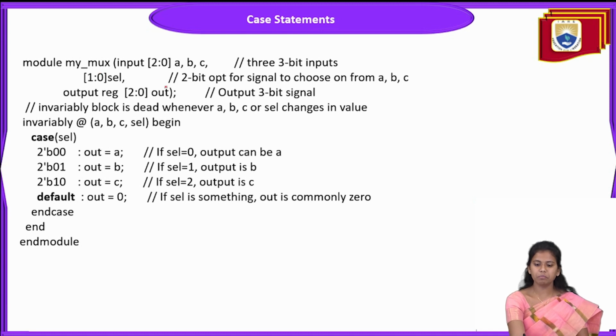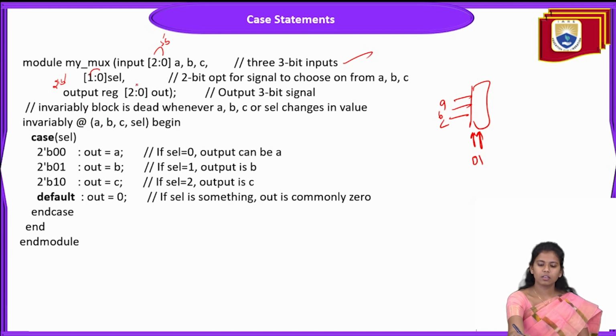I have the input as 2:0, so totally 3 bits of input: A, B and C. Then 1:0, so totally 2 bits of selection, 2 bits for the signal to choose from A, B, C. So my inputs are A, B, C, with selection lines 0 and 1, and the output register is 2:0.